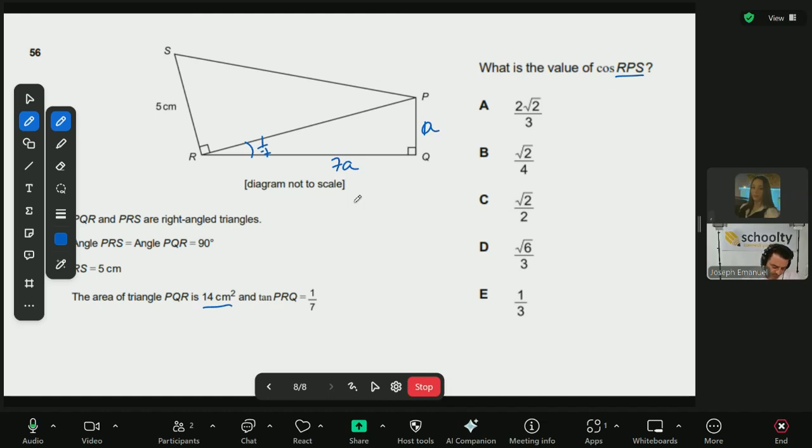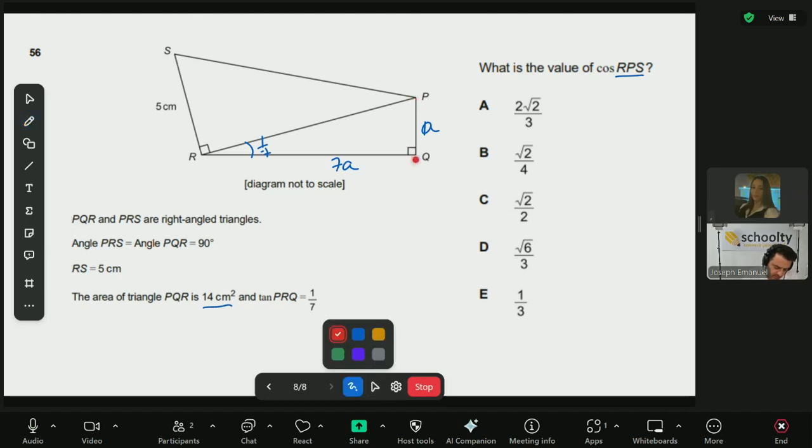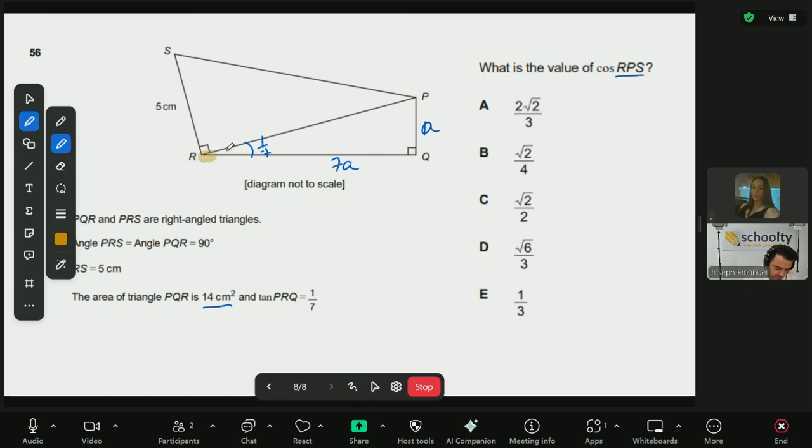So how to start? We have the area of the triangle PQR. This area is 14. So we can calculate a, because 7a multiplied by a divided by 2 is the area of a triangle, which equals 14.